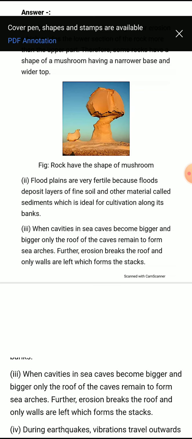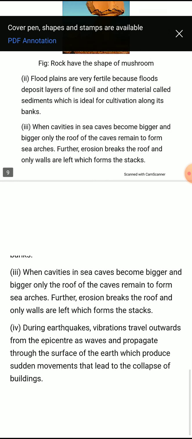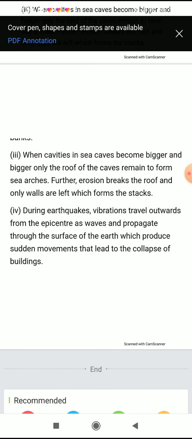You can see this. Okay, next is the fourth question. Building collapse due to earthquake. Why is it happening?